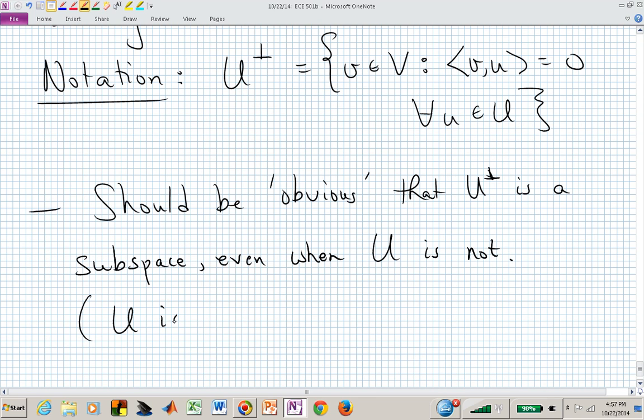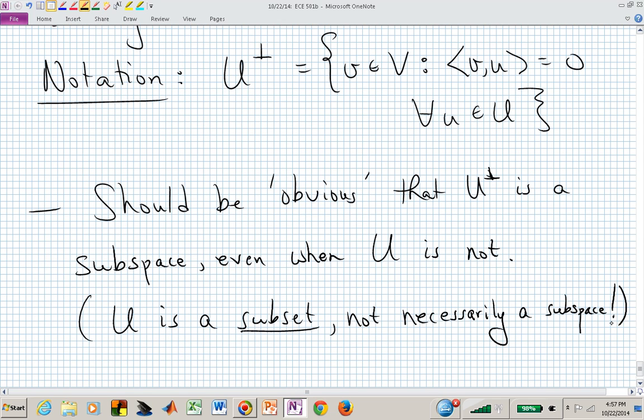Meaning U can be a subspace, but U in general is a subset, not necessarily a subspace. What does it take for a subset to be a subspace? So if U perp is supposed to be a subspace, what properties or characteristics do we need to show are true with U perp?